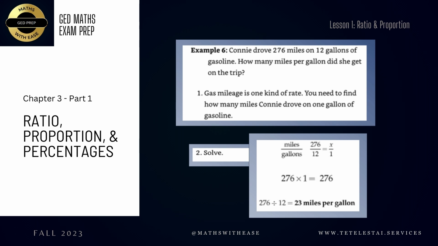What are we going to do, guys? We're going to divide both sides by 12, right? So 12x divided by 12, 12 is going to cancel out 12. You'll be left with x. 276 divided by 12 is 23. And so 23 equals x. Okay.